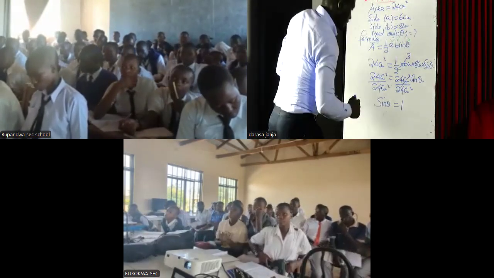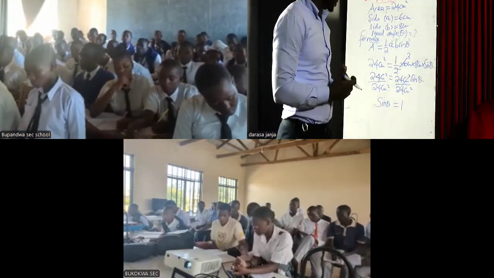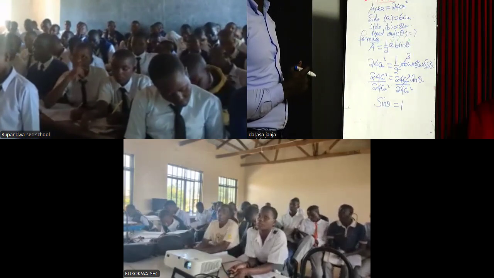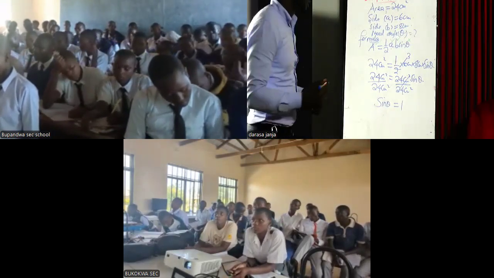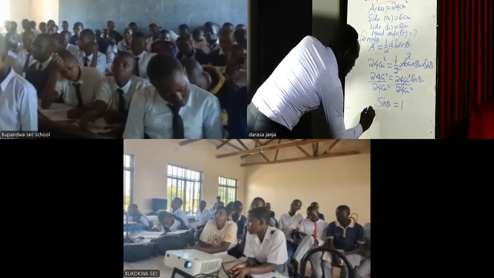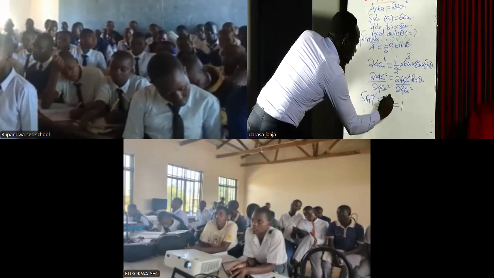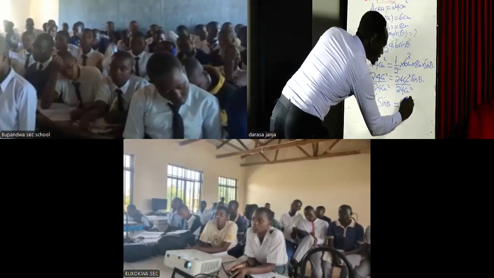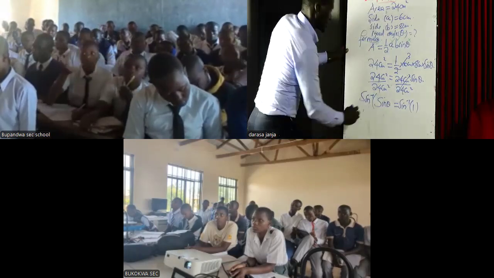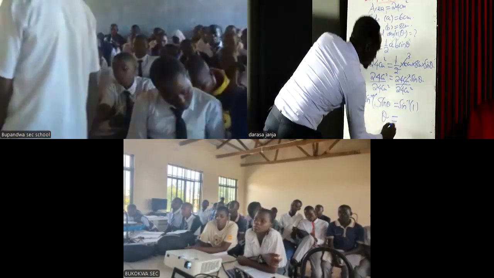So we need to remove this sine here in order to get this angle theta. What are we supposed to do here? We are applying sine inverse to both sides of the equation. So we are applying sine inverse on this side, and sine inverse on this side. So this sine and sine inverse cancel. We're going to remain with theta equal to.